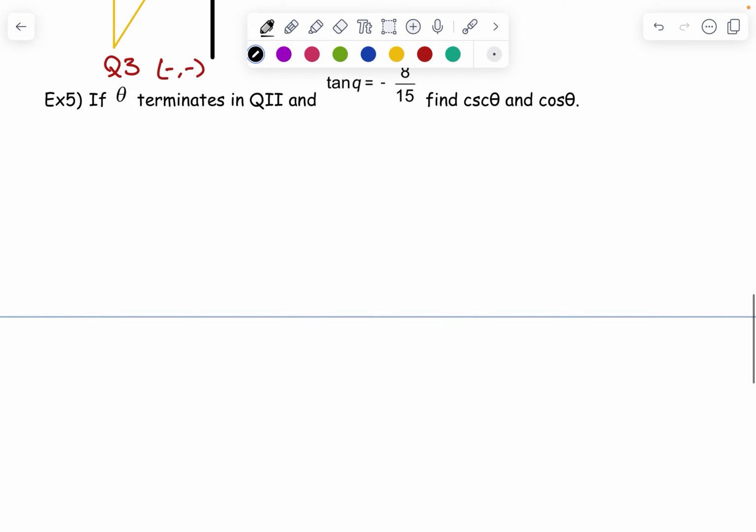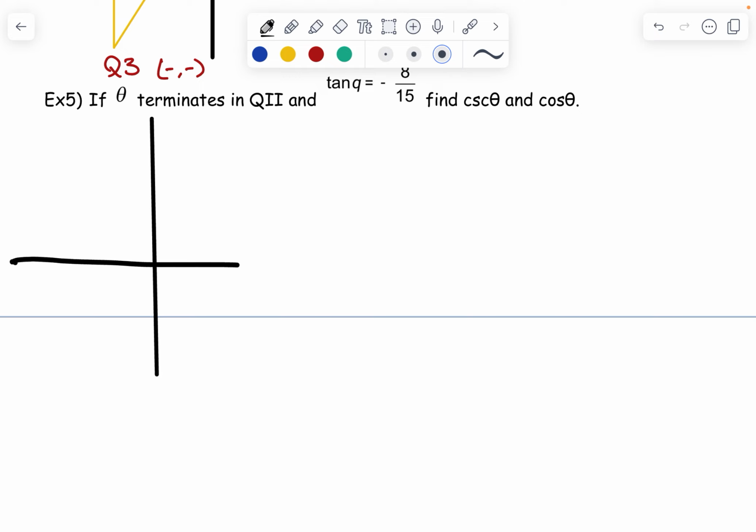And then lastly, we have example 5. We're going to start with our quadrant. It says terminates in Q2, so we'll just kind of make one focused on Q2 here. In Q2, my x is negative, but my y is positive. So they say that the tangent of this angle is negative 8 over 15.